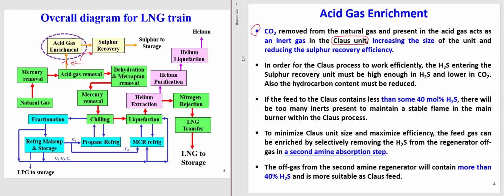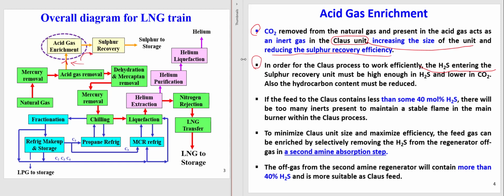So you are sending an inert gas that cannot be processed. This inert gas leads to increasing the size of your unit, and also for sure it will reduce the sulfur recovery efficiency. So in order for the Claus process to work efficiently, and in order to minimize the size of equipment and the size of the process, we have to try to separate CO2 from H2S.